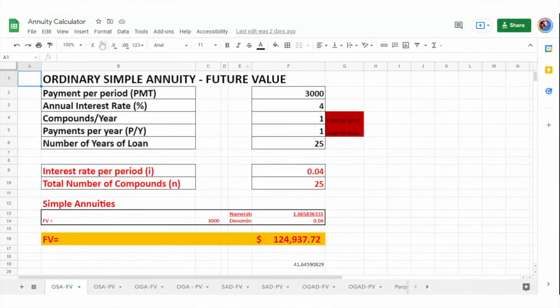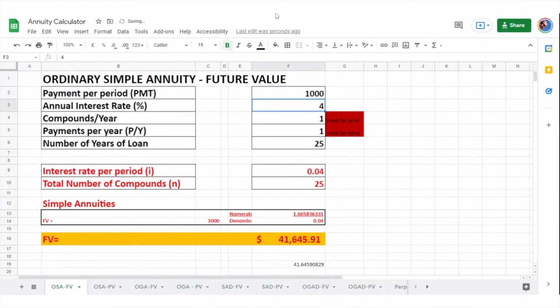So here we have the ordinary simple annuity, which is what we're dealing with, and we're calculating the future value of it. I'm going back to the problem, and I know that the payment in this case is 1,000, so I'm just going to put 1,000 in here.